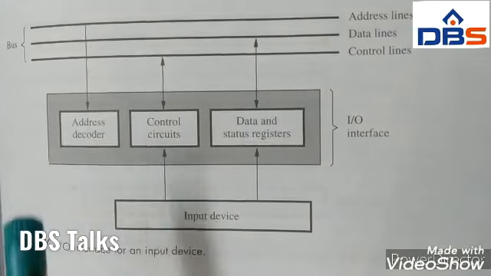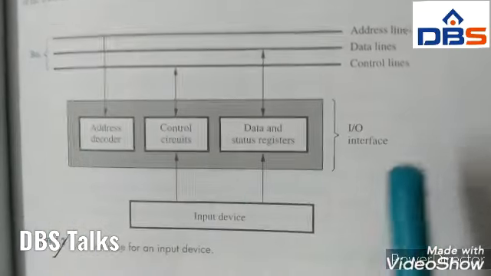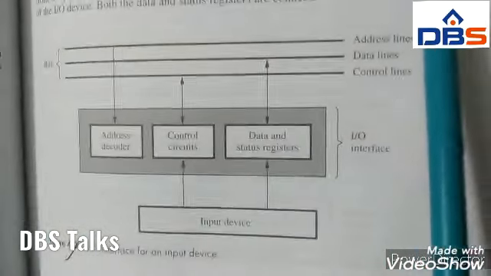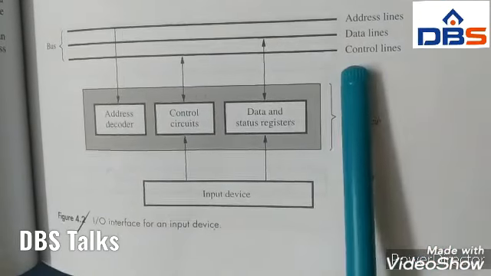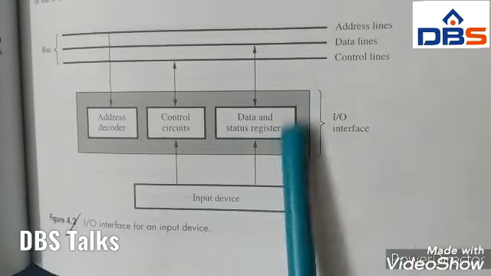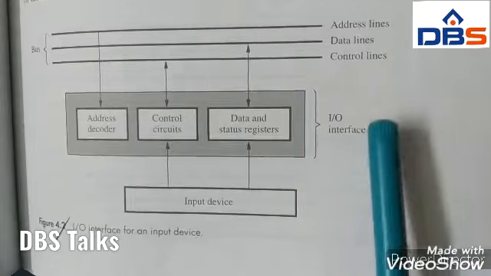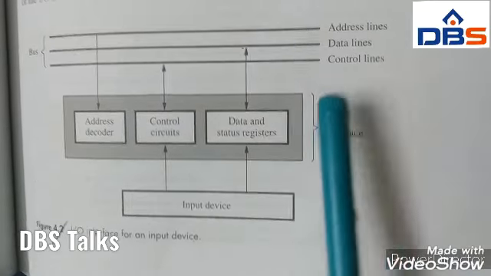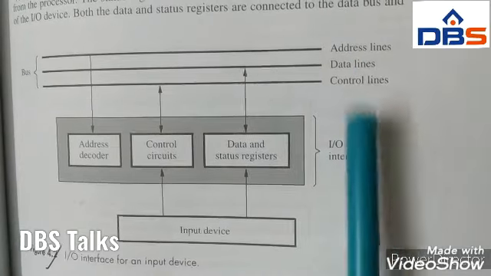Now here comes the second diagram. Here a system bus contains 3 different types of buses: address lines, data lines, and control lines. Now comes the I/O interface. This is the equipment we are using to connect the I/O devices to the processor as well as memory.